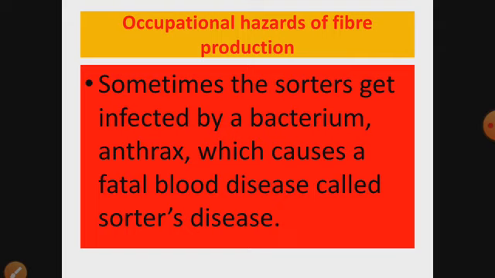This basically is related with the wool industry. They get infected by the bacterium called anthrax, which causes a fatal disease. Fatal means very dangerous, which causes death. It is a fatal blood disease known as sorter's disease. So these are the occupational hazards associated with the people who deal with the wool industry.